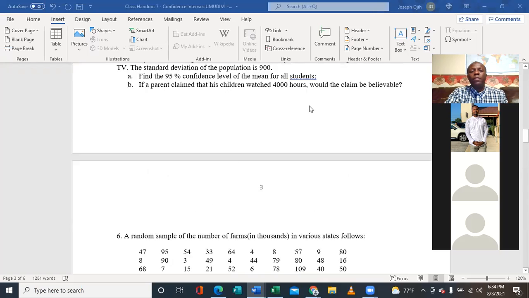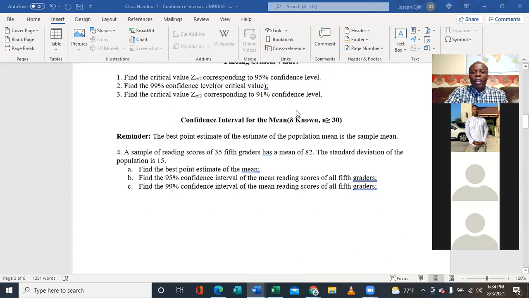So all the things we have been doing for confidence intervals so far are for where the standard deviation is known and the sample size is greater than 30. Statistically we say that the sample size is large because it's greater than or equal to 30. So 30 or more is regarded as a large sample, provided that it is selected at random.